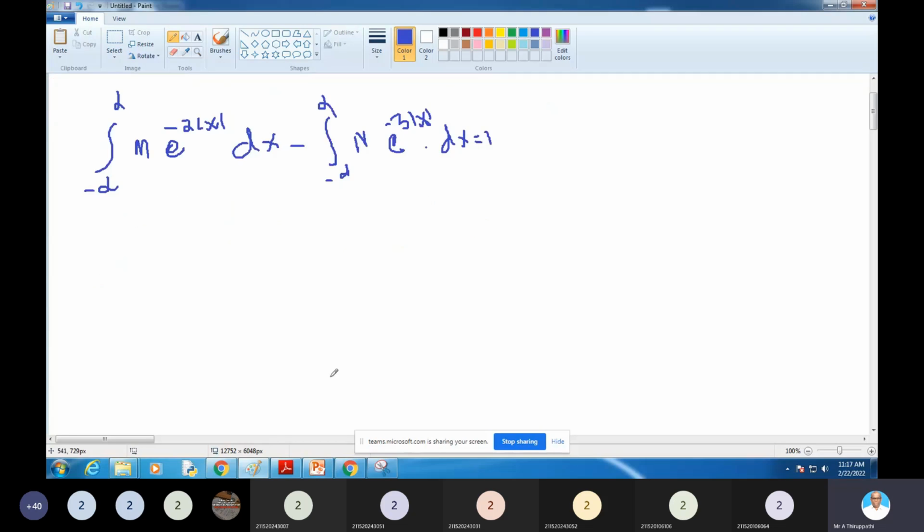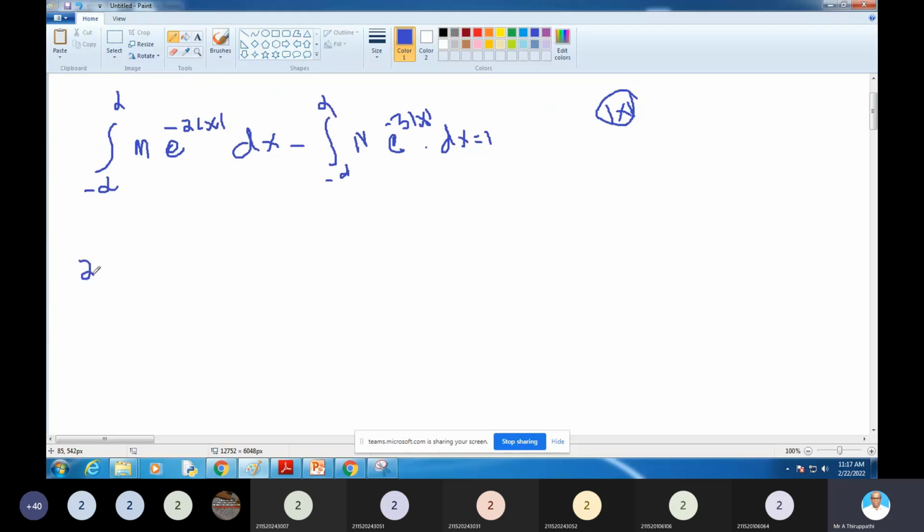Modulus of x means it is definitely an even function.